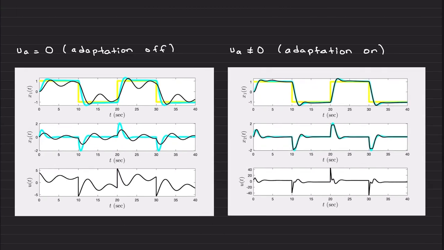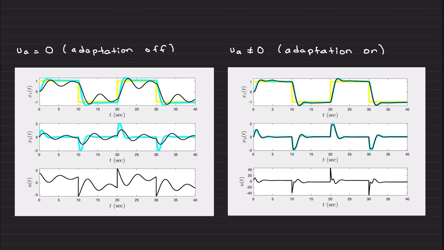When you turn off the adaptation, if you would like to control the system with only the nominal controller, here is what you get. Yellow is the command, position command. Blue is the ideal reference model behavior for position, and the black line is the actual position, X1.